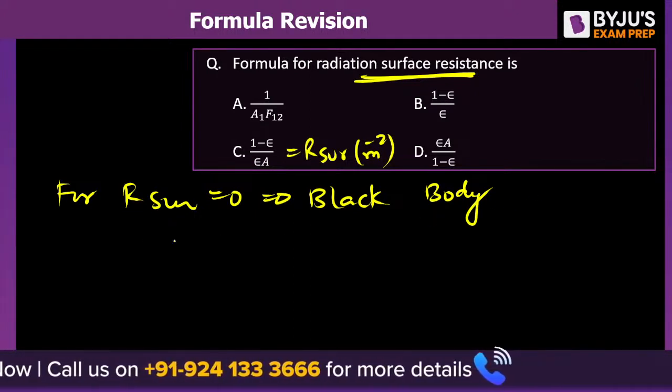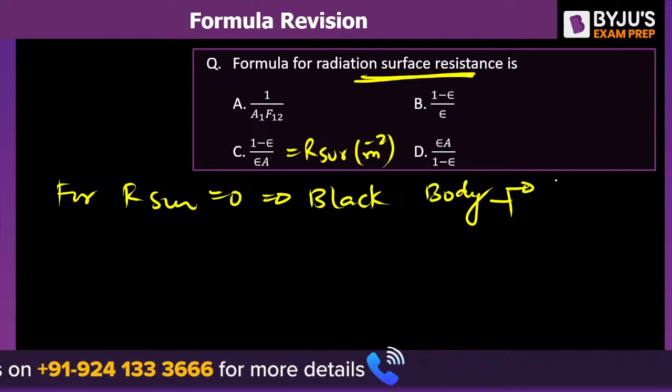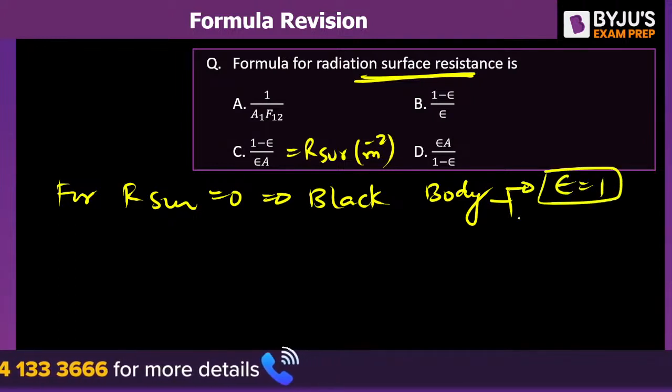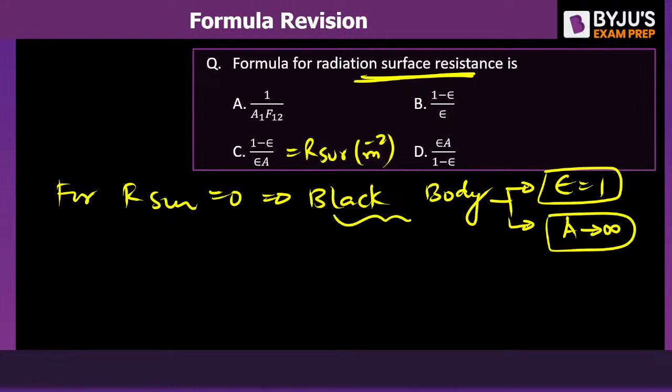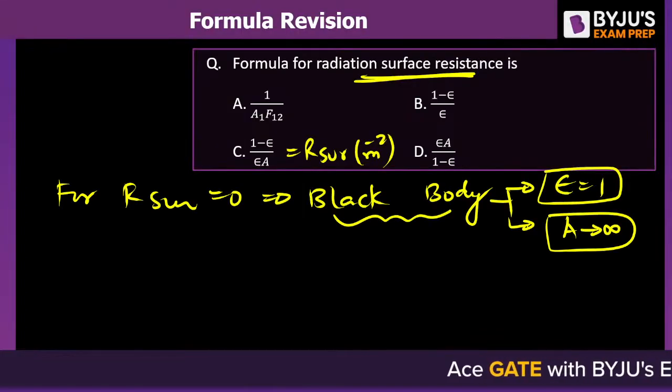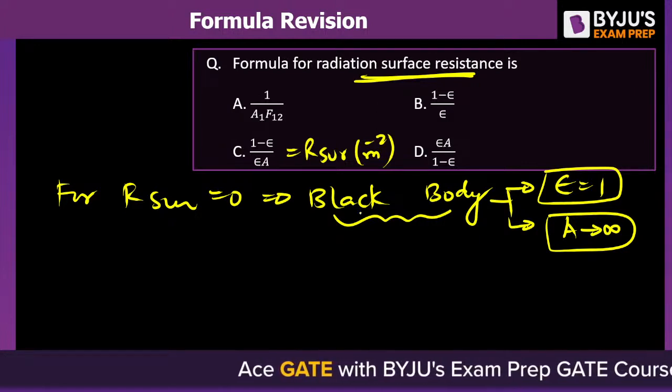So when the surface resistance is 0, either epsilon is equal to 1 or A is infinite; either of these cases will make the body a black body.